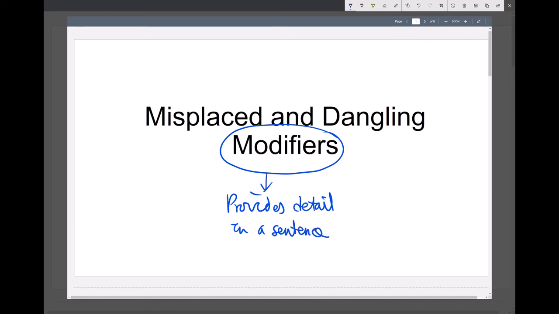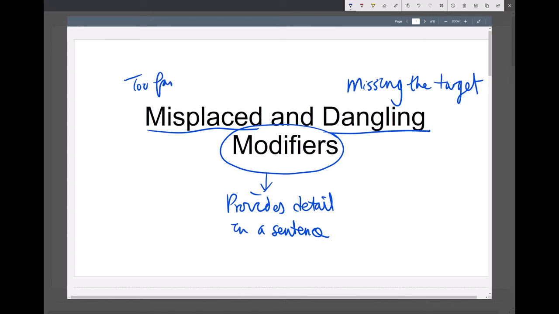And misplaced and dangling. So for now, dangling means missing the target. And these will make sense once I show you the example. And misplaced means too far away from the target.